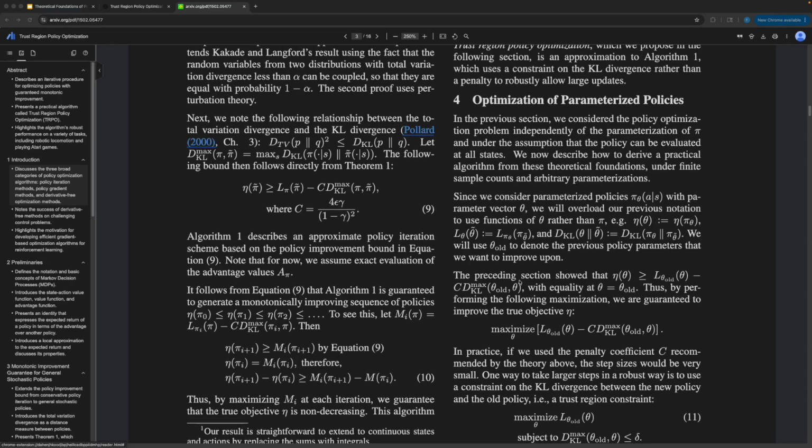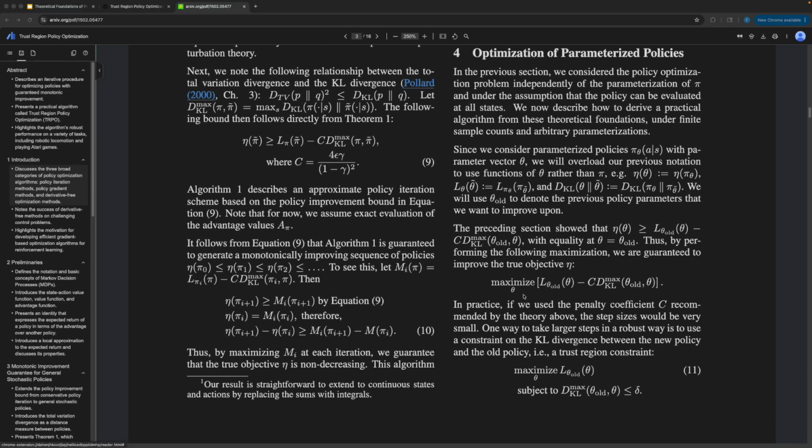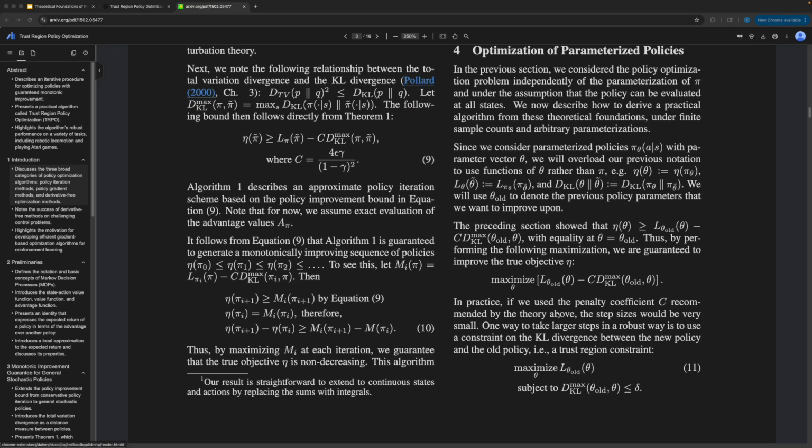From the preceding section, we wanted to maximize this quantity from a given theta, which was a lower bound on the performance of pi theta.